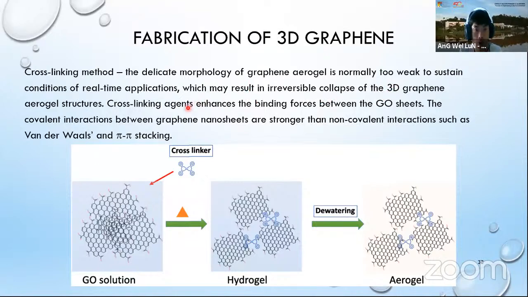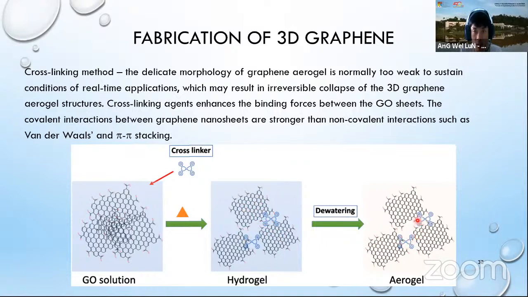So cross-linking is normally used to enhance the binding forces between the graphene oxide sheets. You introduce a cross-linker that is able to bind the graphene layers together.